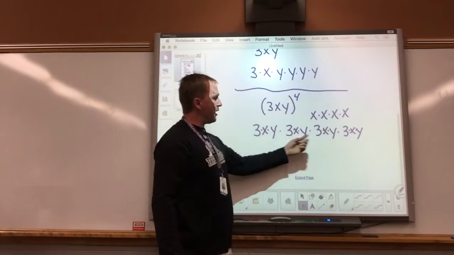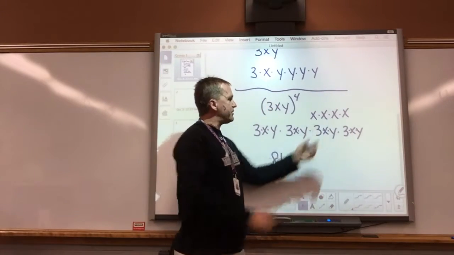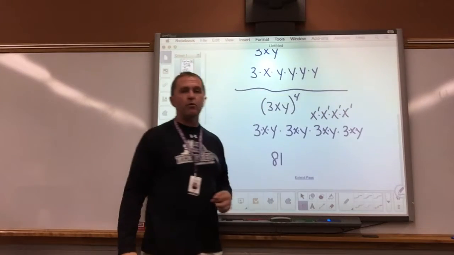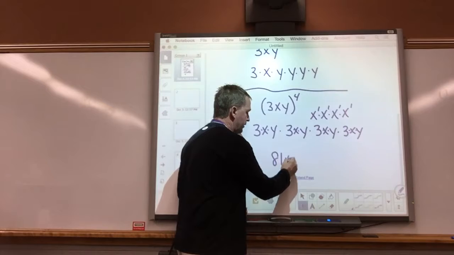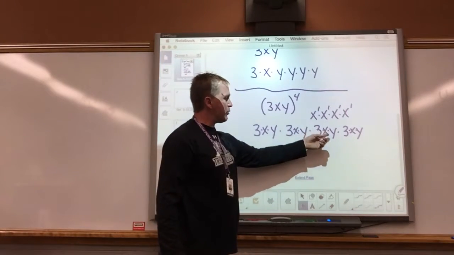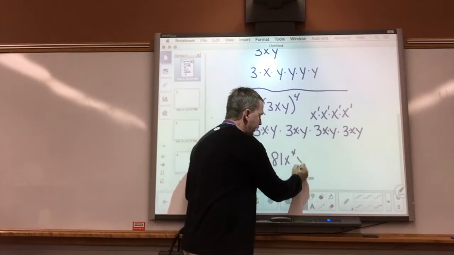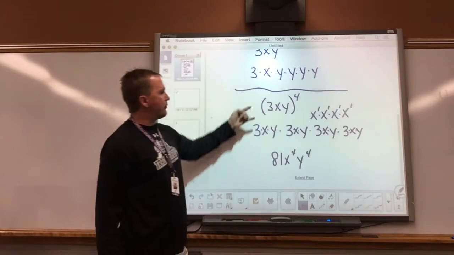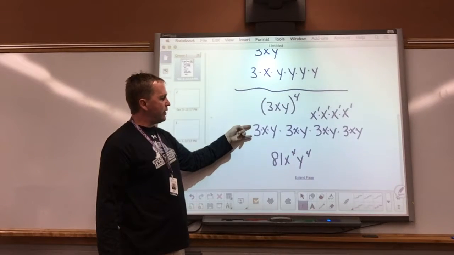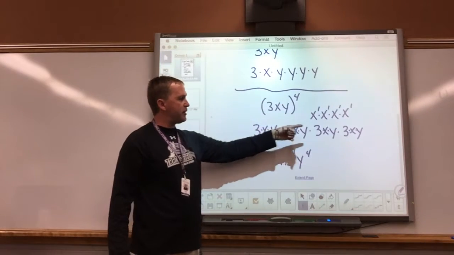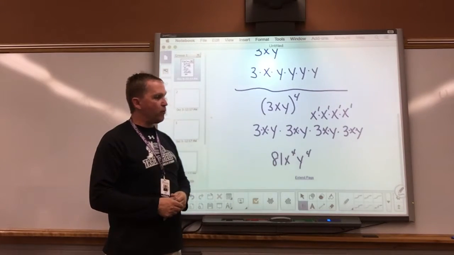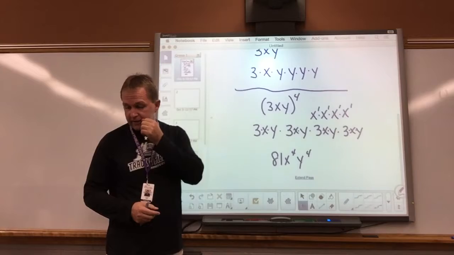If I take these 4 x's that are here, like bases, I add the exponents, and remember, even though there's not an exponent shown, it's assumed to be a 1. That's going to be x to the 4th power if I add those. And similarly, I have y times y times y times y. I should also have that. So 3xy in parentheses raised to the 4th power is the same as 3xy times 3xy times 3xy times 3xy, which could simplify to 81 x to the 4th, y to the 4th in this case.